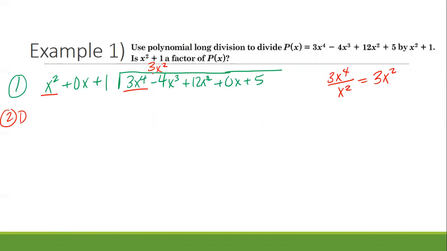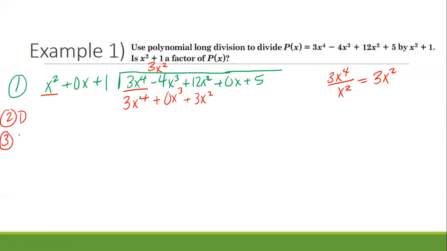It's 3x squared. I'm going to multiply that quotient that I just got by my divisor. So 3x squared times x squared is 3x to the 4th. 3x squared times 0x is 0x cubed. 3x squared times 1 is 3x squared.